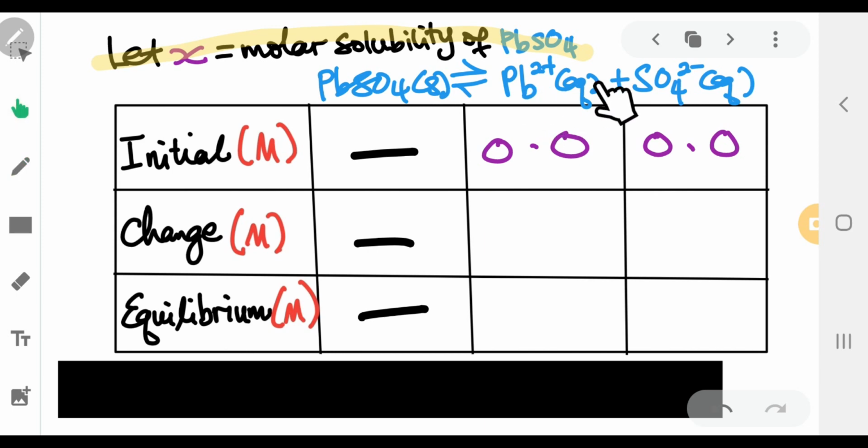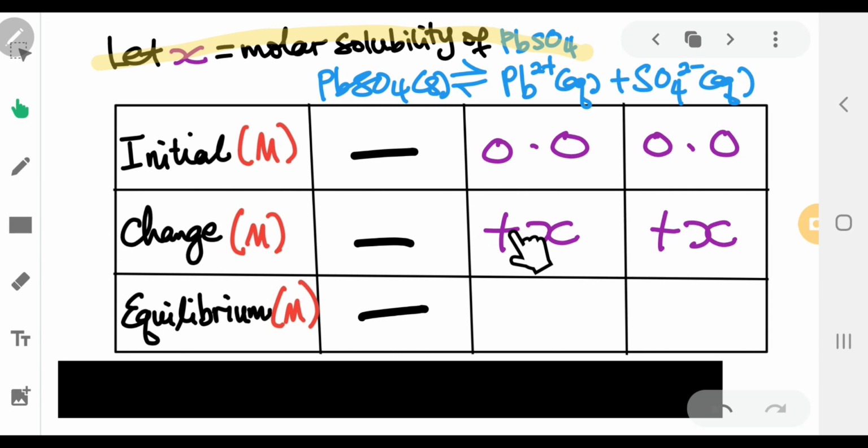Remember, these are products, and change we are always going to express in terms of X. So the change now is positive X and positive X. Why positive? Because they are being made as products, so they will be increasing in concentration.